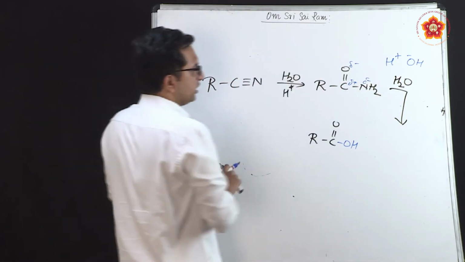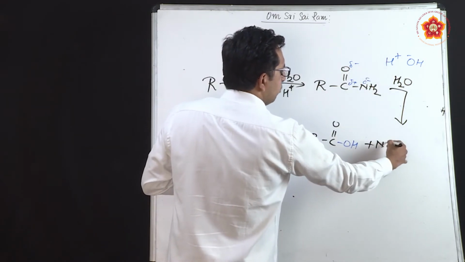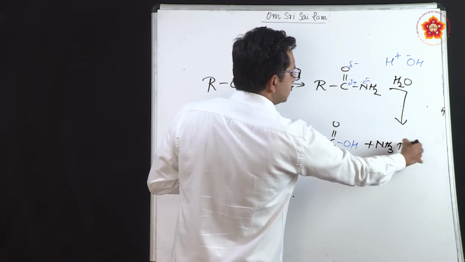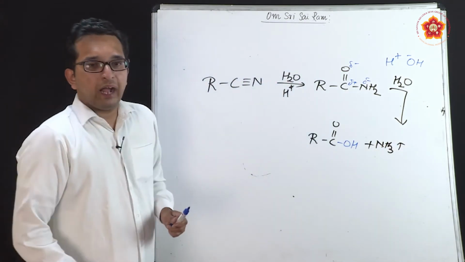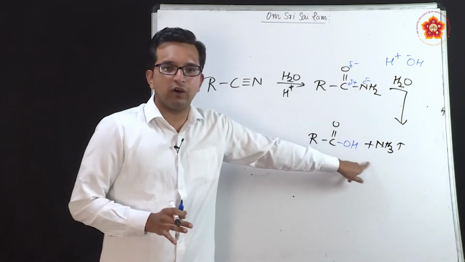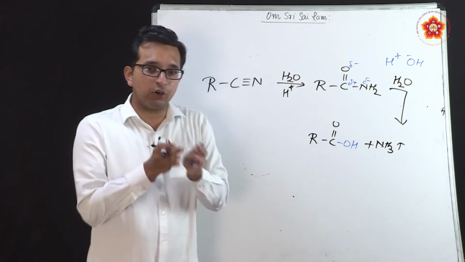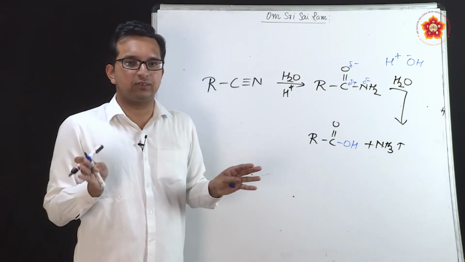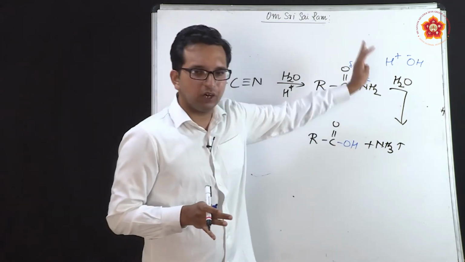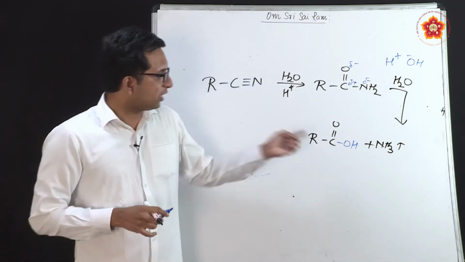That partial negative charge can end up attaching with the H plus which is there, and ammonia gas is formed as a byproduct. And this is a very good reaction for us for a simple reason that the byproduct which is formed evaporates off. See, if it was part of the reaction mixture, again you have to employ certain separation techniques. But because this evaporates out, this will be one of the very good methods for preparation of carboxylic acids.